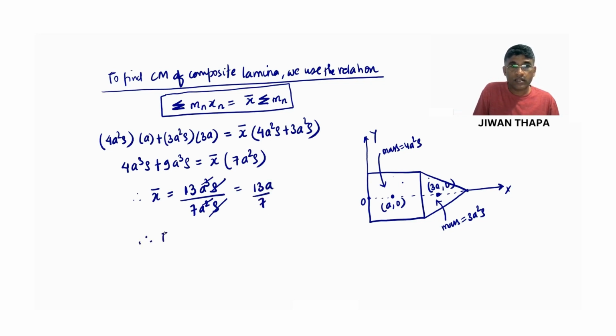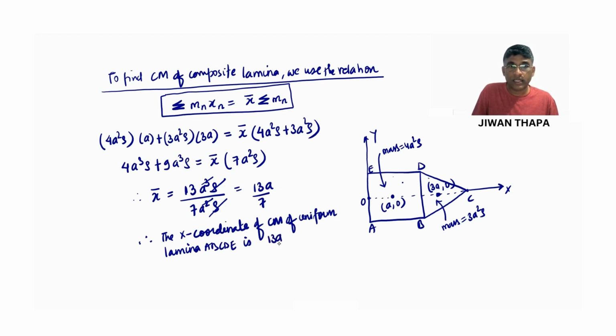Therefore, the x coordinate of center of mass of the uniform lamina A, B, C, D, E is 13A by 7.